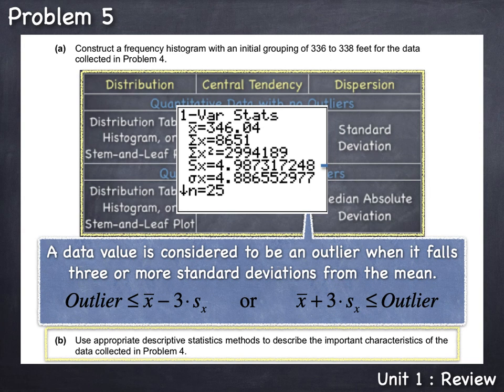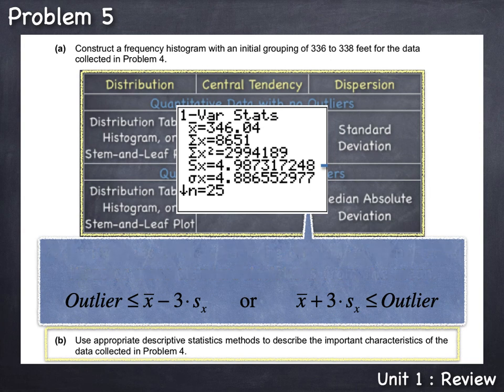Here we could use the mean x bar of 346.0, rounded off carrying that 1 extra decimal place. And we could use our sample standard deviation s sub x equals 5.0, rounded off carrying that 1 extra decimal place. So we could take the mean of 346.0 and then subtract 3, which is the 3 standard deviation cutoff to be an outlier, times 5.0, which is what a standard deviation is equal to.